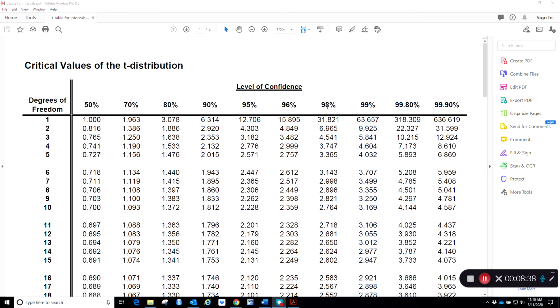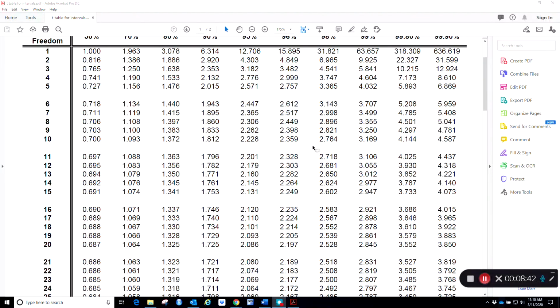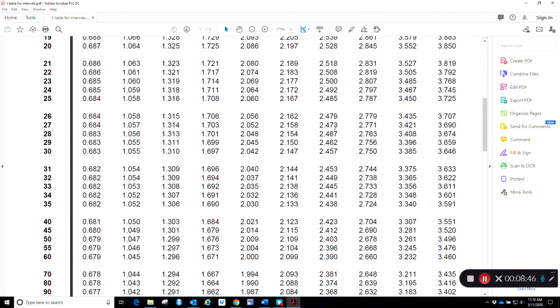So here's my t-table. Here's that 98% confidence. And then I'm going to try to scroll down to where I can find 53 degrees of freedom. And you'll notice again that we do not actually have 53. Now from my point of view, if you use either 50 or 55, I'm perfectly okay with that. I will always round down my degrees of freedom because I'd rather underestimate my sample size instead of overestimate it.